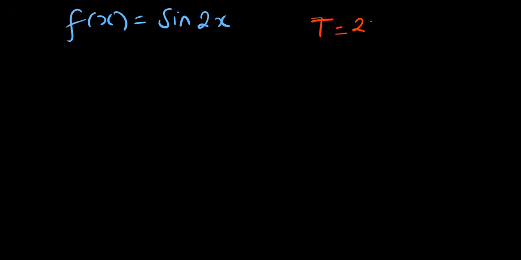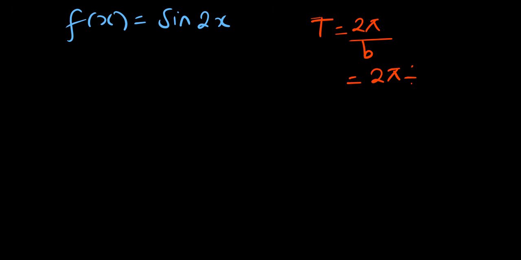Let's solve another one. Let's say you've got f of x is equals to sine 2x. So how are you going to do that? You're able to see that the period has changed. How has this period changed? Period is equals to 2 pi over b. So we've got 2 pi divided by b. B in this case is the coefficient of x.